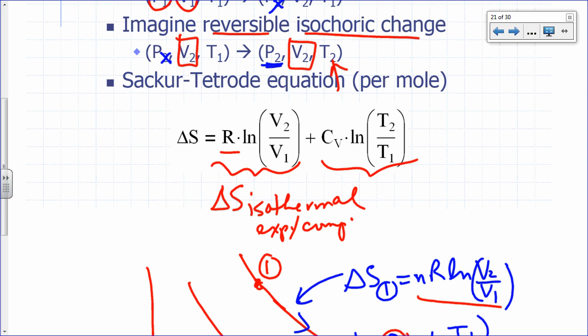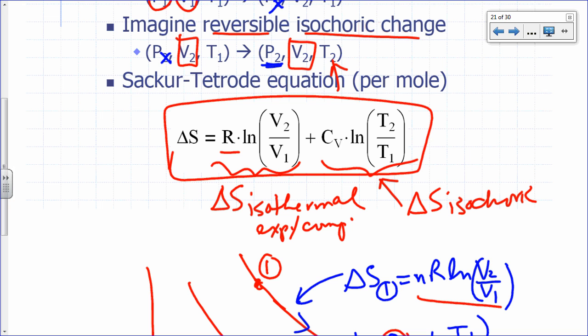And CV ln T2 over T1 is your delta S for the isochoric heating or cooling. So this equation right here is very useful. If you know V1 and T1 and V2 and T2 for your ideal gas, that's your delta S for the change.